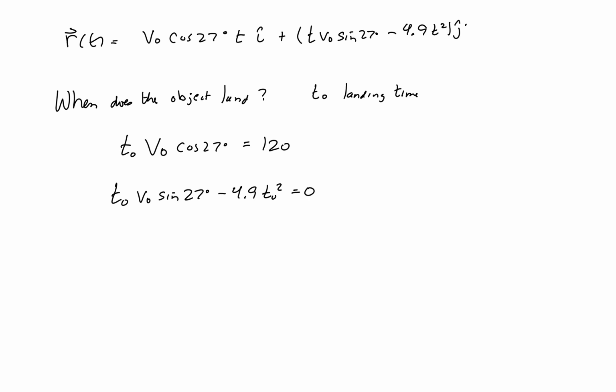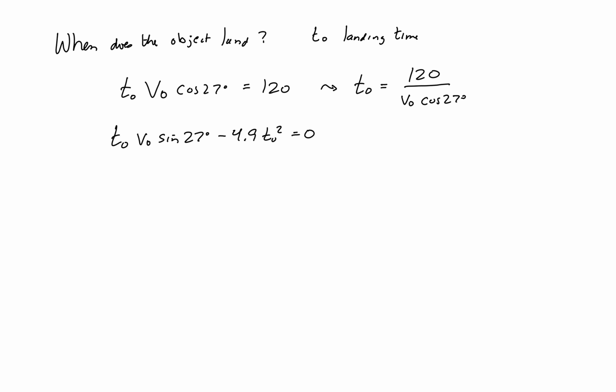So this first one is going to give me that t0 is equal to 120 over v0 cosine of 27 degrees. And then this bottom one I can factor out. I can say t0 v0 sine of 27 degrees minus 4.9 t0 is equal to 0.